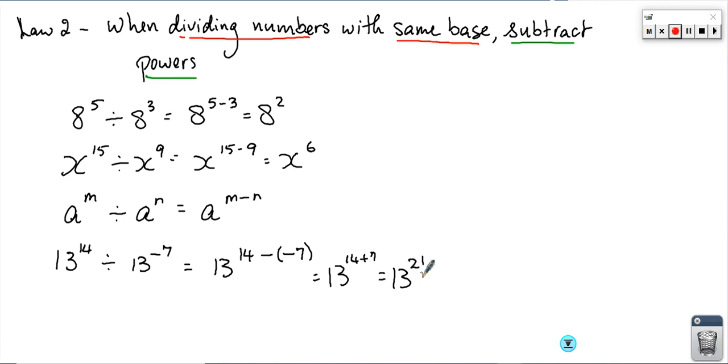So here we've seen that, I'm going to repeat, dividing numbers with same base, important, same base, okay? We could not work it out if we had, for example, 8 to the power of 5 divided by 7 to the power of 3, okay? In that case, we have to evaluate each number and then divide. Law 2. Let's see law 3.